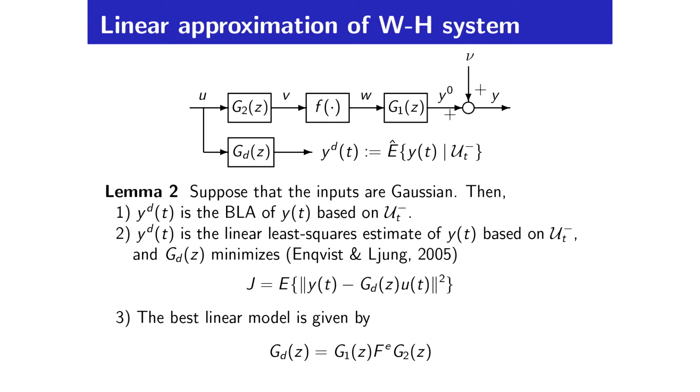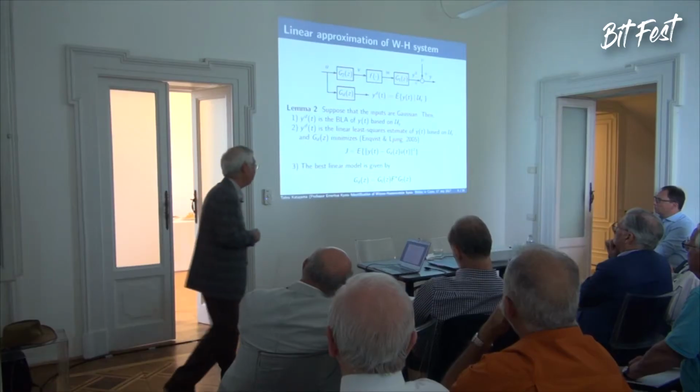Also, yd here is the linear least squares estimate of yt based on ut minus. And also this function minimizes this criterion, of course. This problem was studied in this paper in the framework of classical Wiener theory in the frequency domain. And the best linear model is expressed in this way, as the composition of three transfer functions or matrices.